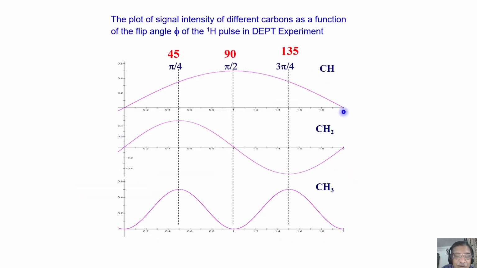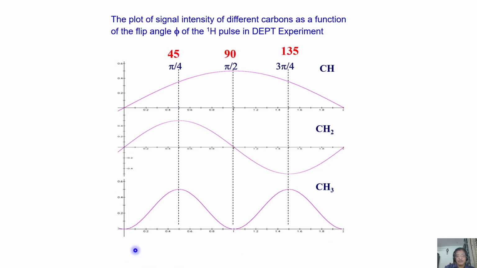Very interesting observations you make here. What is the interesting observation you are seeing here? When phi is 45 degree, when the flip angle of the last pulse on the proton channel is 45 degree, you see the intensity of the peak along this axis. This is the angle, this is the intensity.